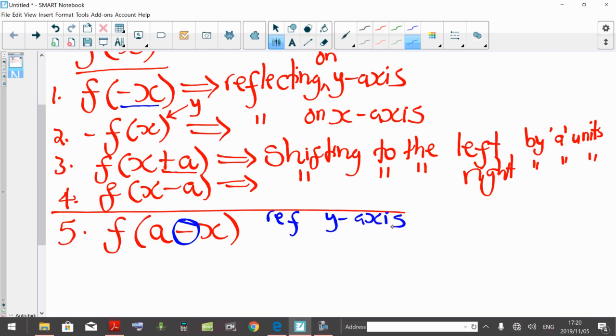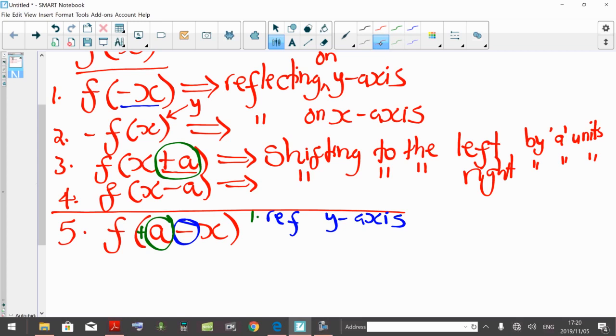And then the second transformation that we have now is the a. Probably you can see that this is positive a. So basically adding a, which is equivalent to number 3 here. So step 1, reflect on the y-axis.